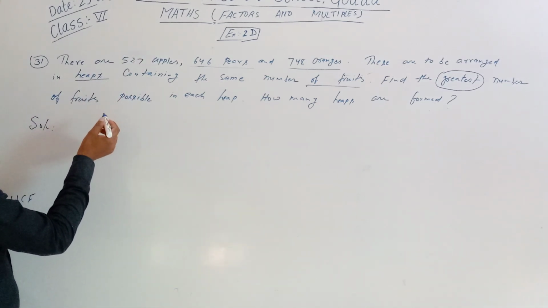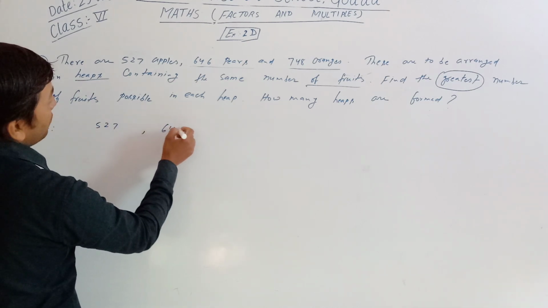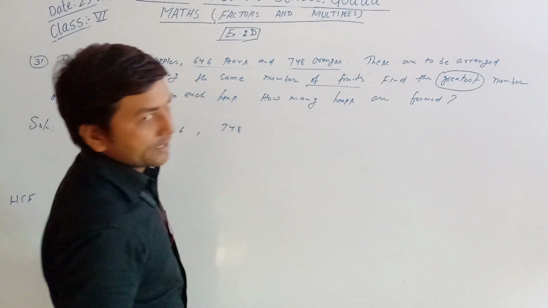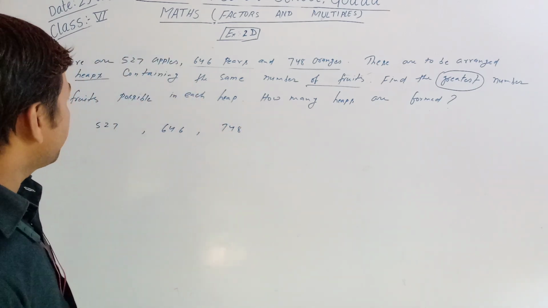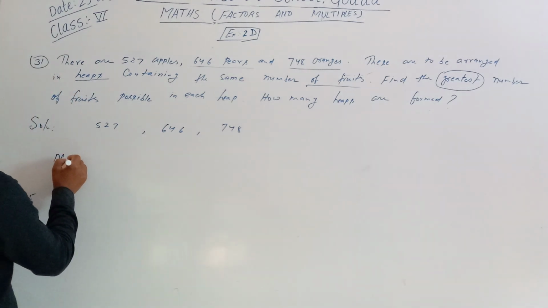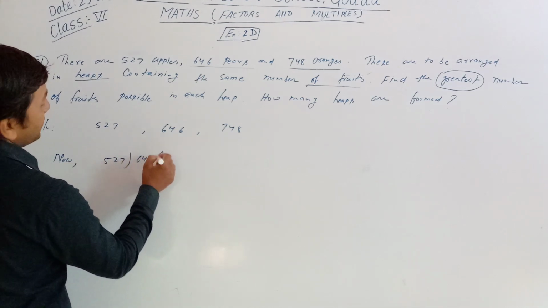Apples 527 are given, pears 646, and oranges 748. So we find the HCF. Now we will use the division method.